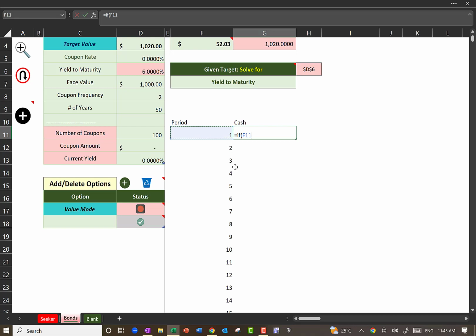Otherwise, I'm going to get the coupon amount plus, if period is exactly equal to number of coupons, I'm going to get face value. Otherwise, 0.